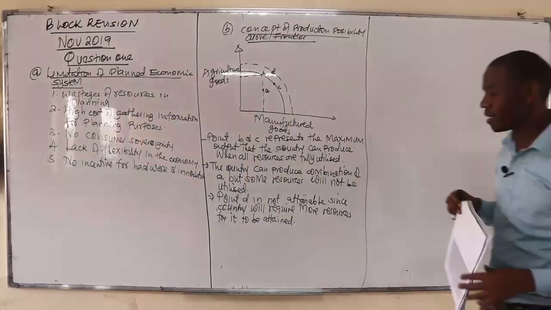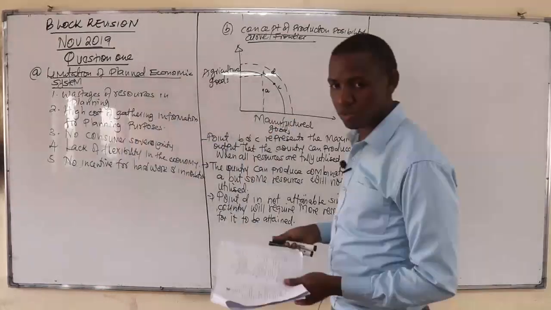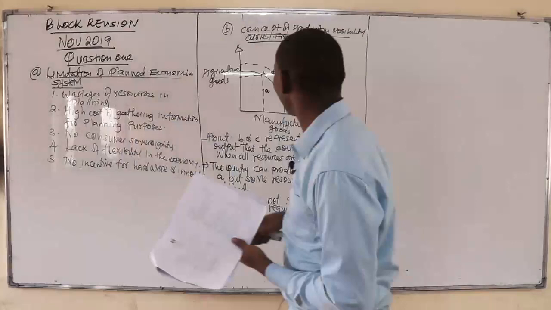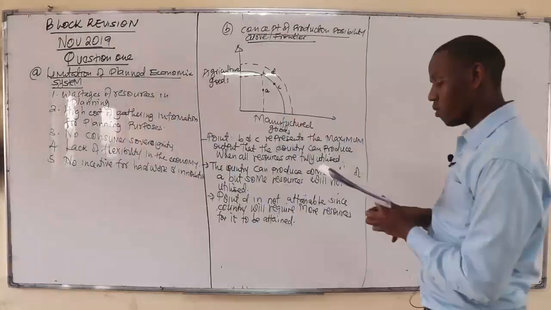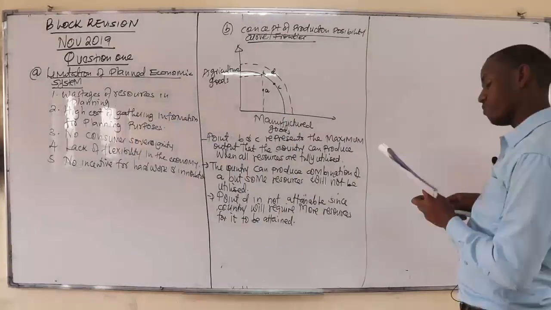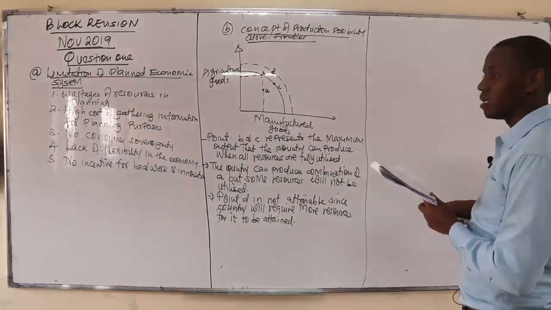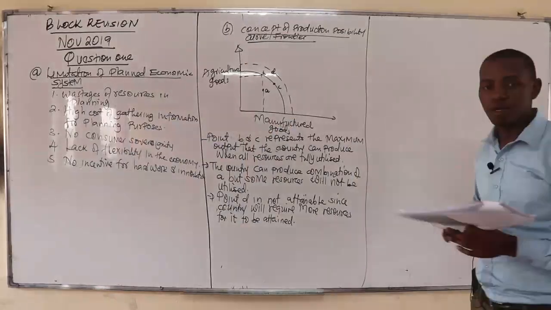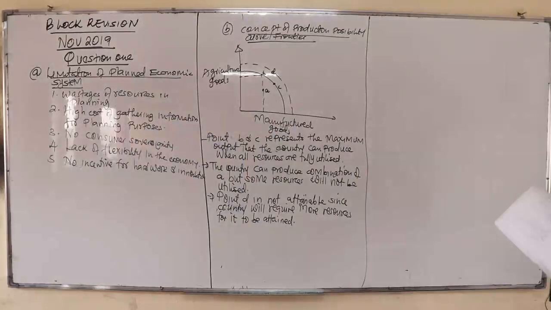And that is what you are required to do. That is on the production possibility curve.